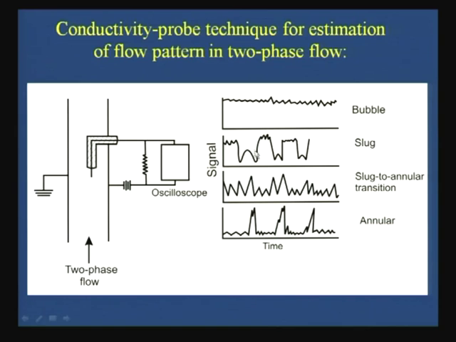Under that condition, it is very difficult for us to differentiate between these periodic things, and if we have a large number of spikes here, then sometimes it becomes very difficult to differentiate between wispy annular flows and bubbly flows. Okay, but if we use a proper differentiation technique, or rather if we define our thresholds very correctly, then identification of flow patterns by the conductivity probe technique is not very difficult.